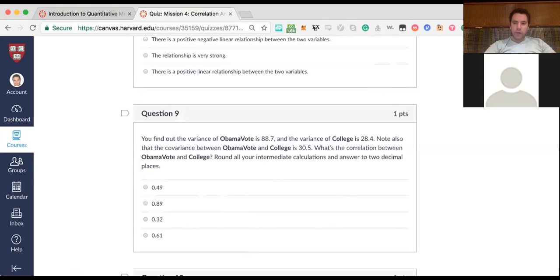Round all your intermediate calculations and answer to 2 decimal places. So this question is asking us to calculate the correlation value from the covariance and the variances. It's just plugging into the equation that we have for you. So we can attempt this question as well.